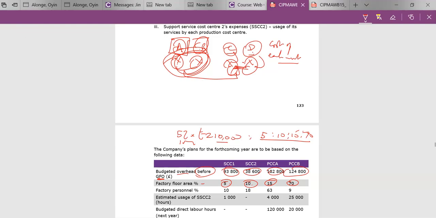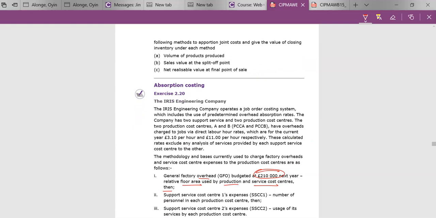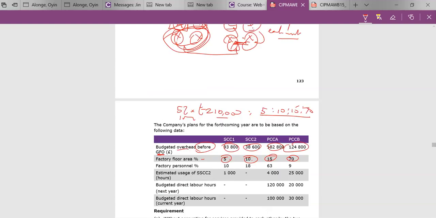If we go back here, they tell us how they actually choose to do it. It says the support center 1 is reapportioned based on the number of personnel in each production center. So my next question is, what is the factory personnel in each area?